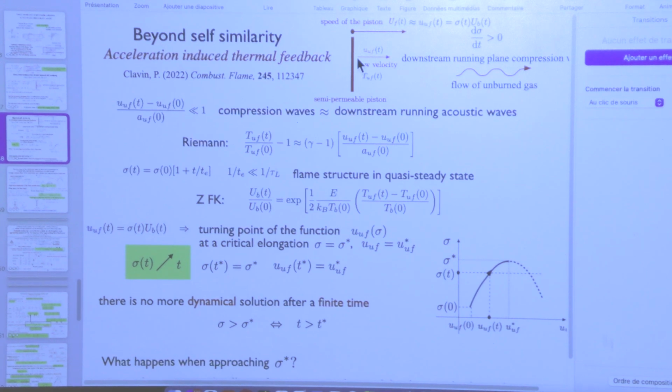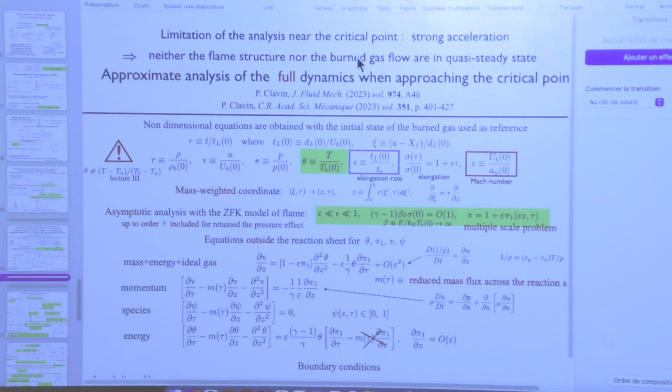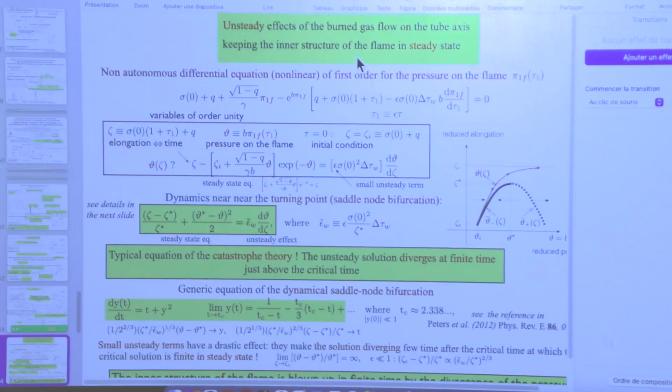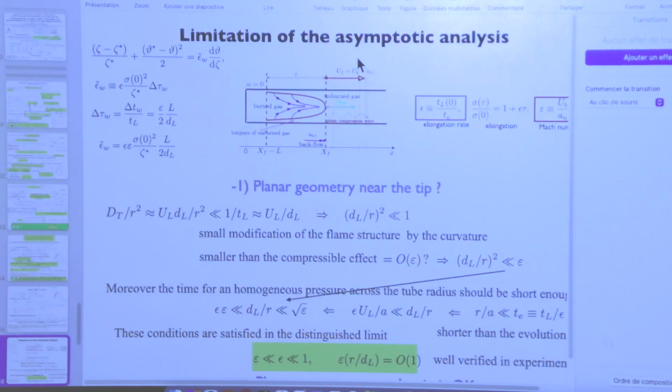I am unable to describe the birth of the shock. You have a shock, but I don't know how, and I will give you some comments about that, because it is important to realize.